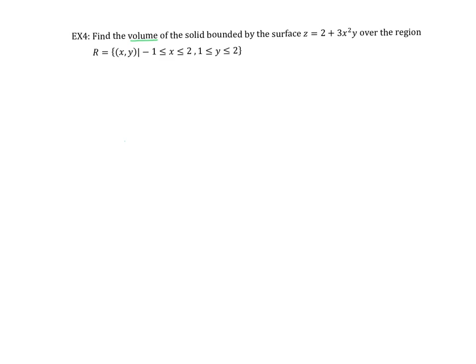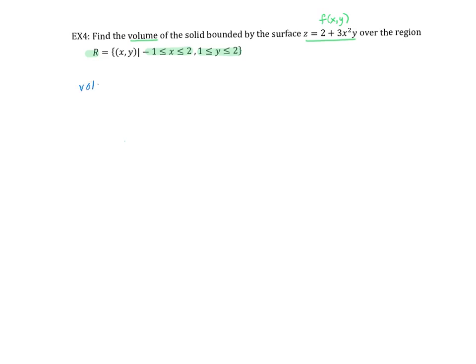And when it says a solid bounded by the surface, this is your function f of x, y. That's your integrand. And the region that you're integrating with respect to happens to be rectangular because your x values are constant and your y values are constant.